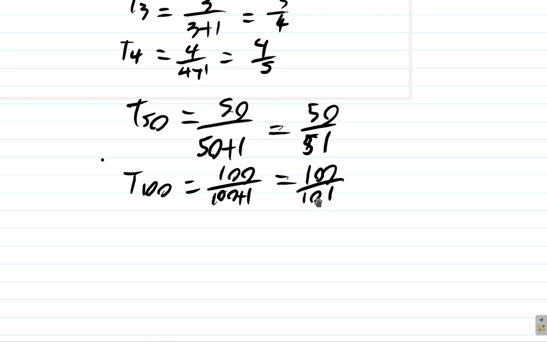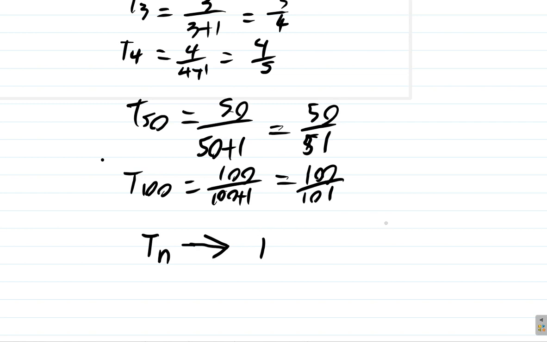So what would this approach? Well, if you think about it, let's say Tn, whatever that number is. The arrow is sometimes used for tends to, right? It will approach 1. It will tend to 1.